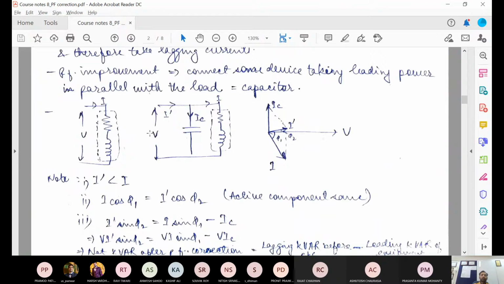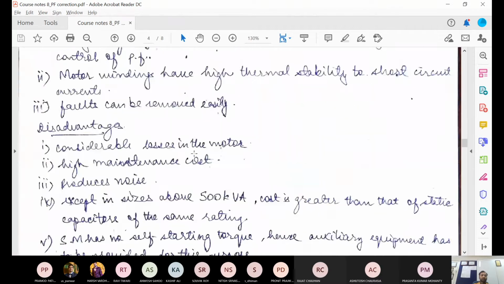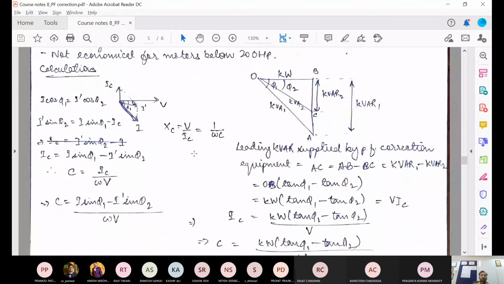So you can write the voltage V across this capacitor equal to XC, which is the capacitive reactance here, multiplied by IC, the current through the capacitor. So that is what is here. V is equal to XC IC, and therefore XC is equal to V by IC.